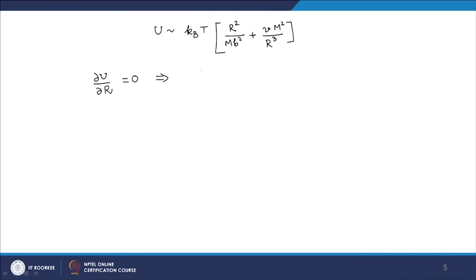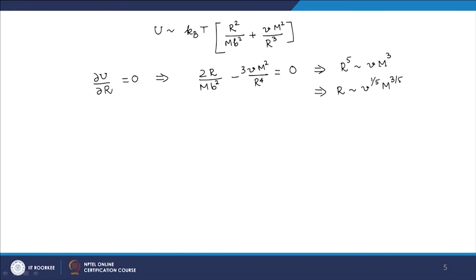Which gives me this, and if I solve this, again dropping the prefactors, what I get is r to the power 5 scales like V m to the power cube, and so r scales like V to the power 1 by 5 m to the power 3 by 5.